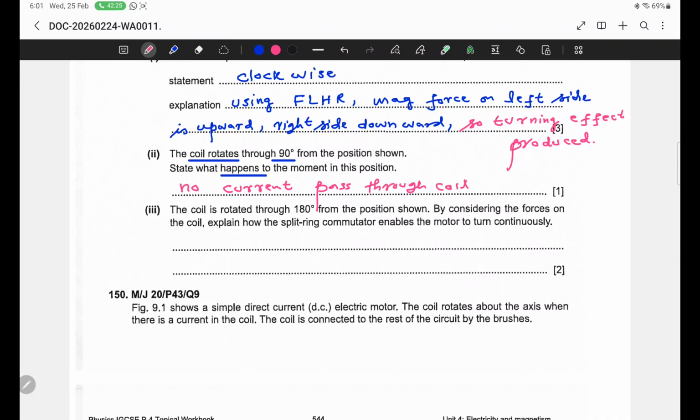Okay. No current passes through the coil. So the coil should stop. But due to inertia, it continues its rotation.